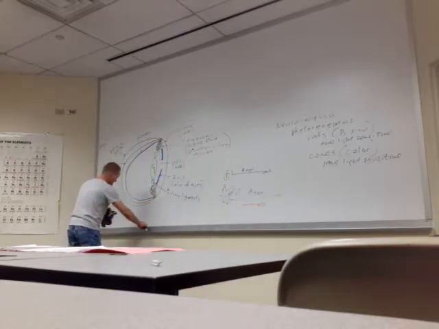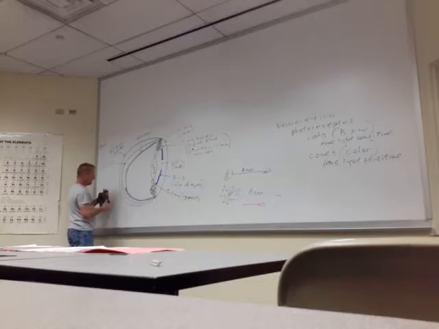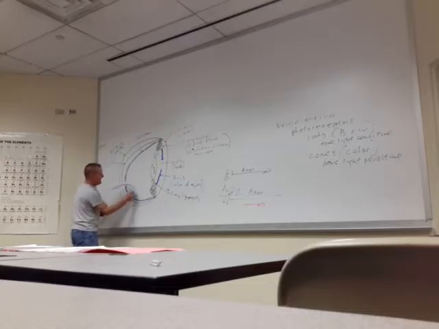So leaving each of these receptors is an axon, and all of these axons are not little streams in the eye that you're going to see. They're part of the neuroretina.